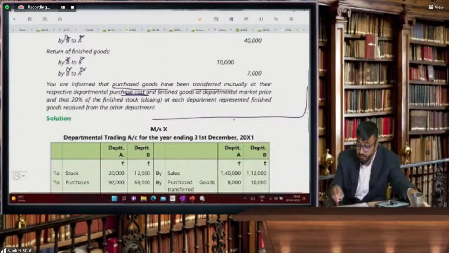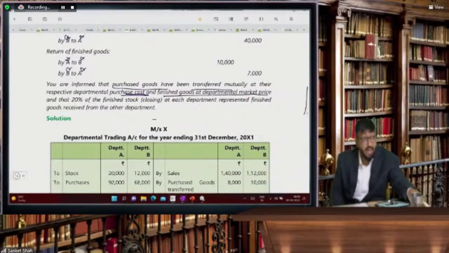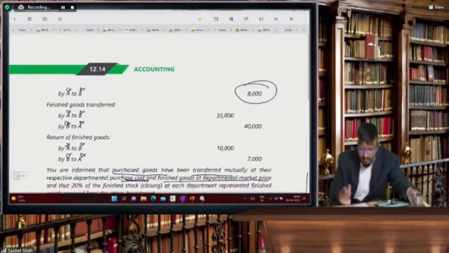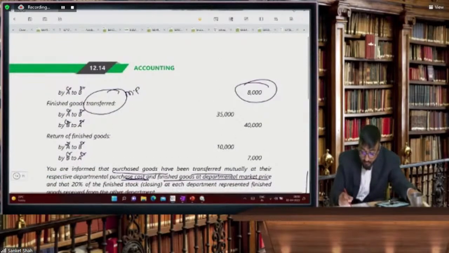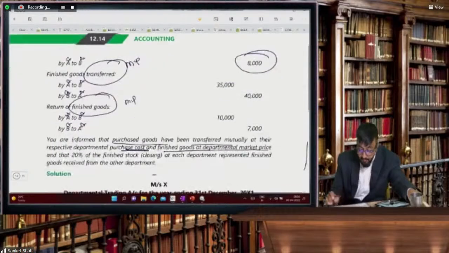are transferred at their market price. So beta, returns also include market price. And 20% of the closing stock of each department represents goods received from another department.